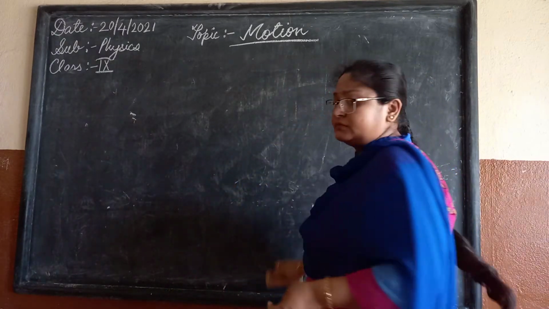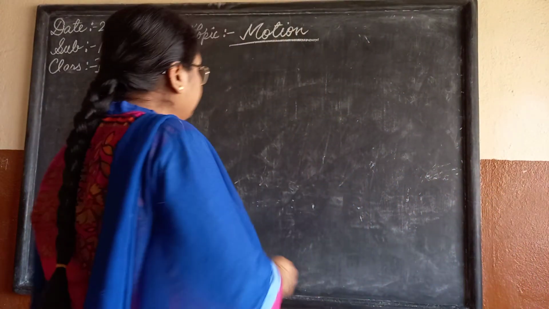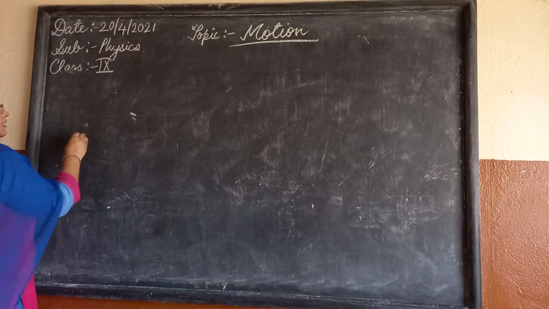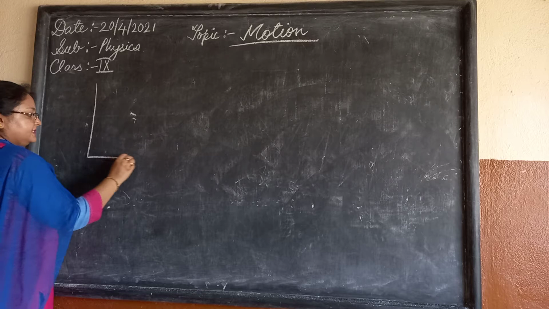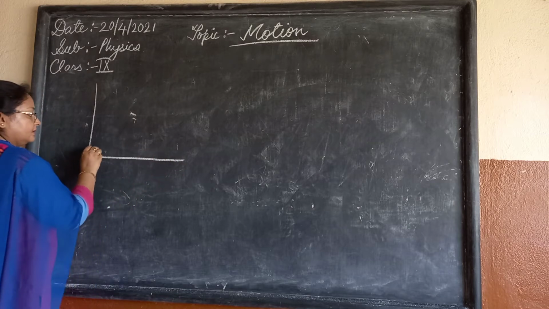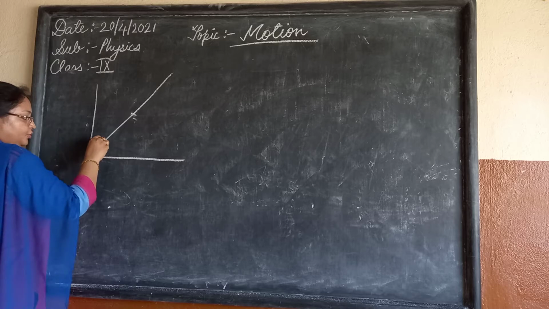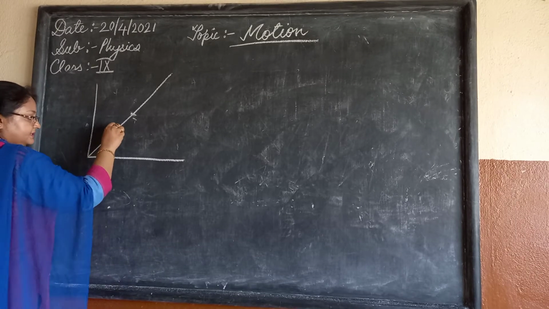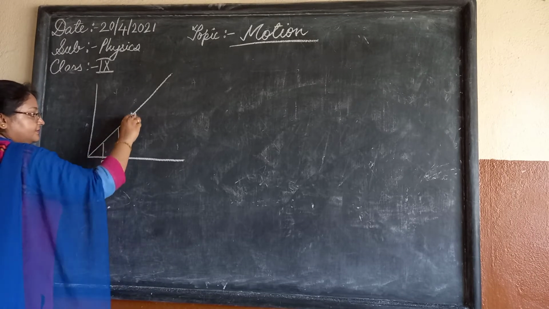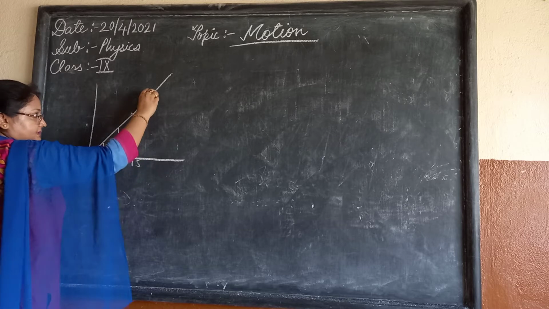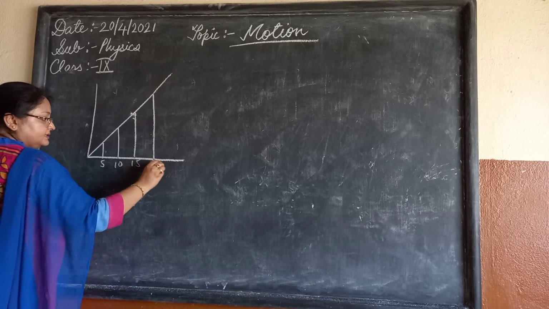Okay? So uniform motion means this particular graph is here, just like this. This is the straight line. It is moving 5, again this is 10, again this is 15, again this is 20. Just like this.